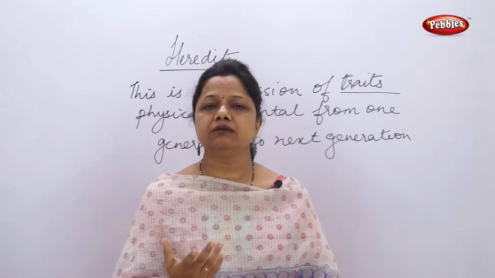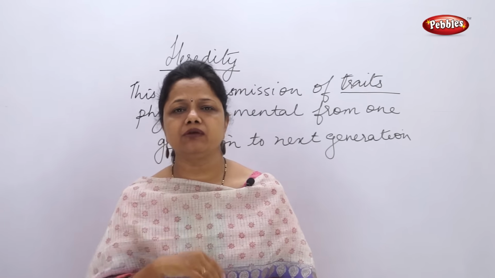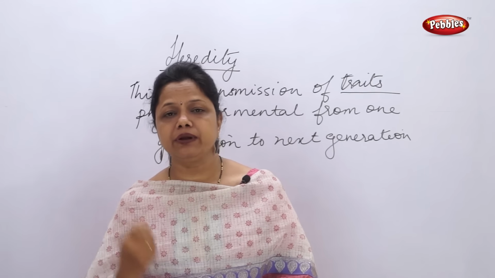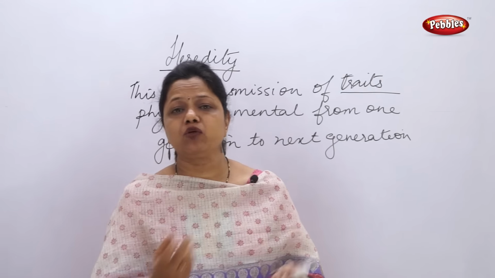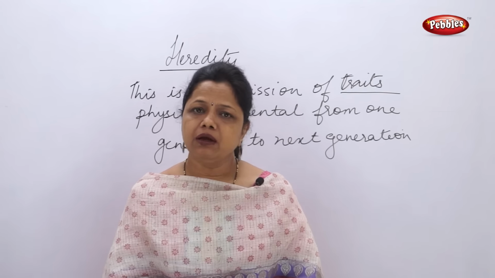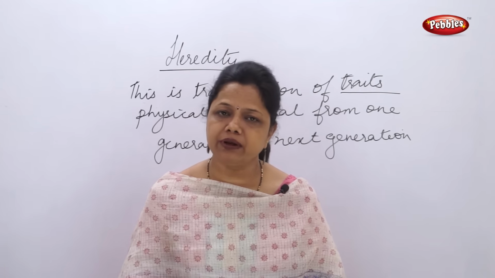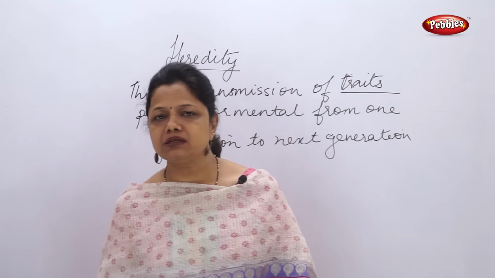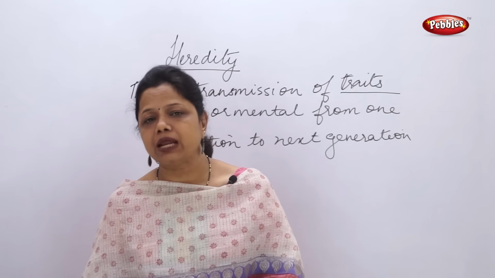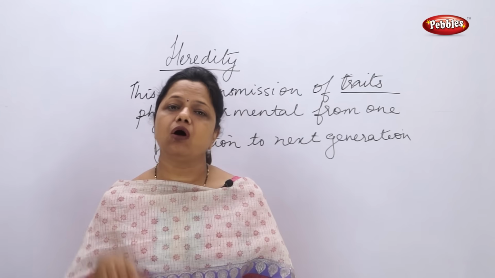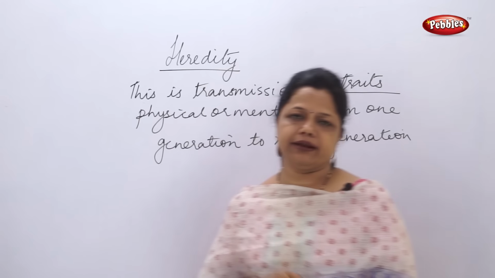Now many children are very intelligent like one of their parents. Many children are very smart like their parent. Many might have a good IQ like their parent. Many will have very strong willpower like their parent. So these characteristics which are not seen but can be felt, which are mentally related, are also hereditary characters.